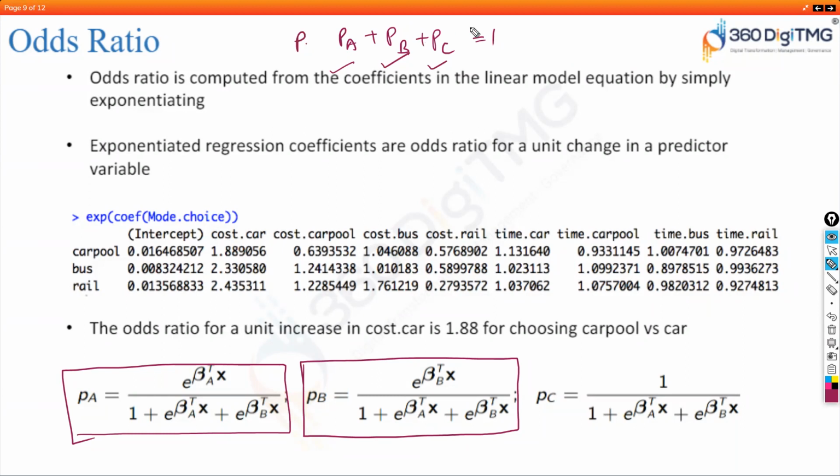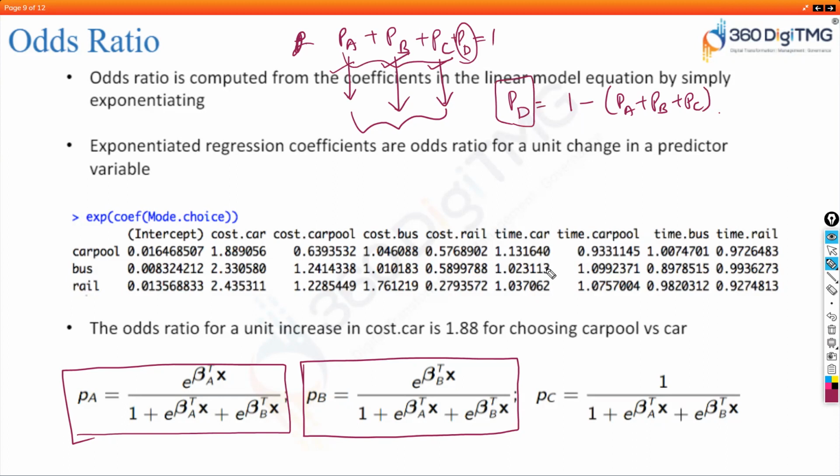I'll add one more thing because you have 4 levels. So this is equal to 1. If you know the probability of this and the probability of this, then getting to know the probability of this is not difficult, right? So probability of D would be 1 minus the sum of probability of A, B and C.